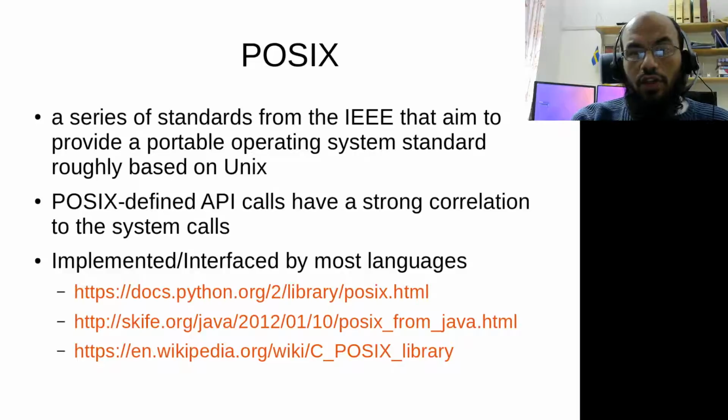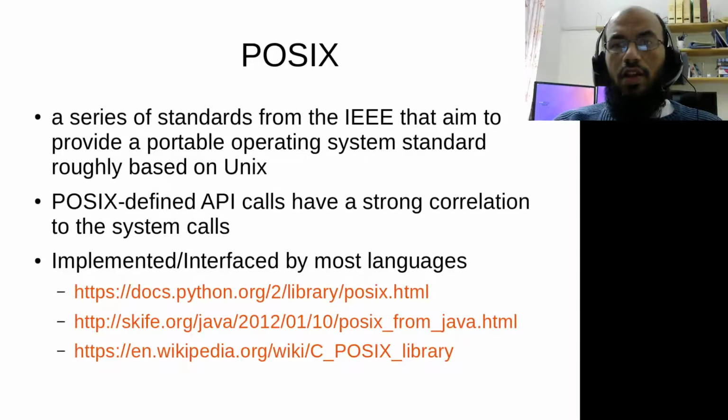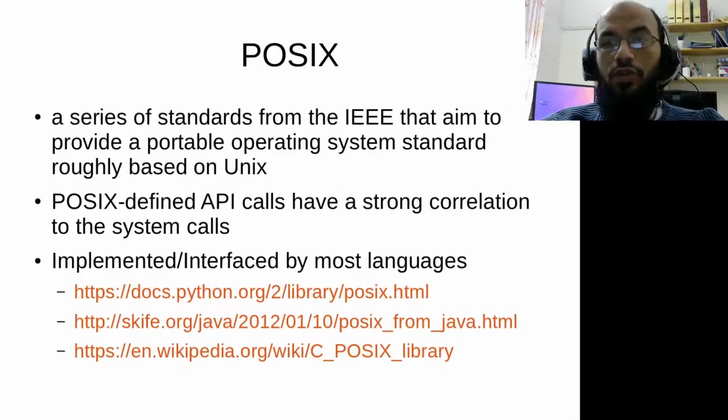So you can see it for Python, for Java, for C, and basically they implement the standard. Actually, a language like Go, for example, implements the standard by just calling the system calls. So there are different design decisions that are related to using POSIX actually.